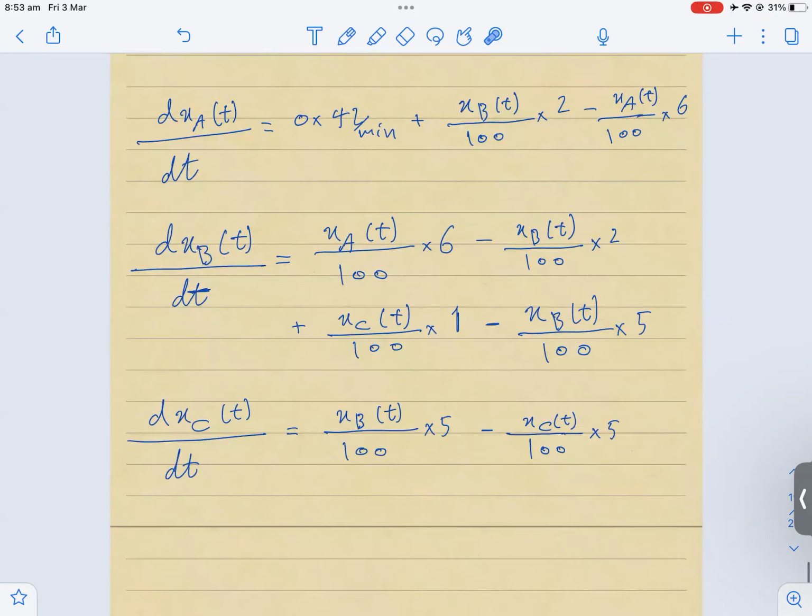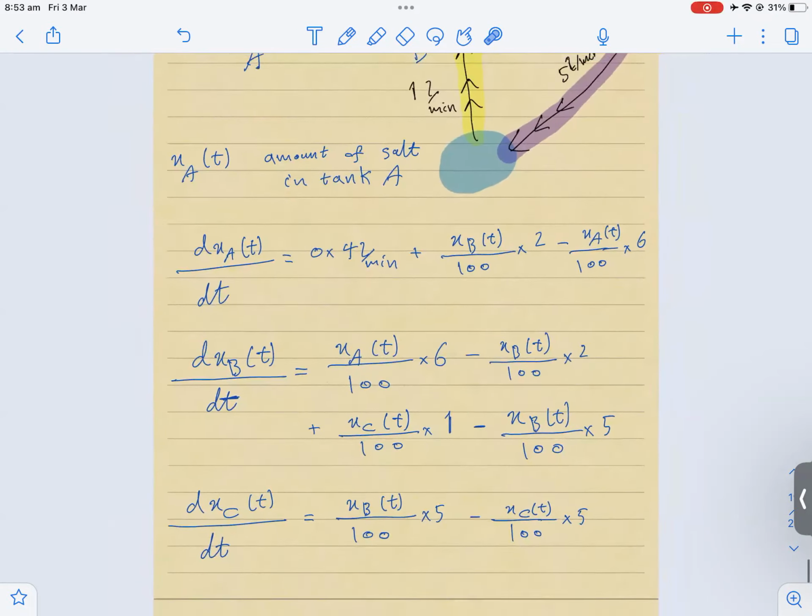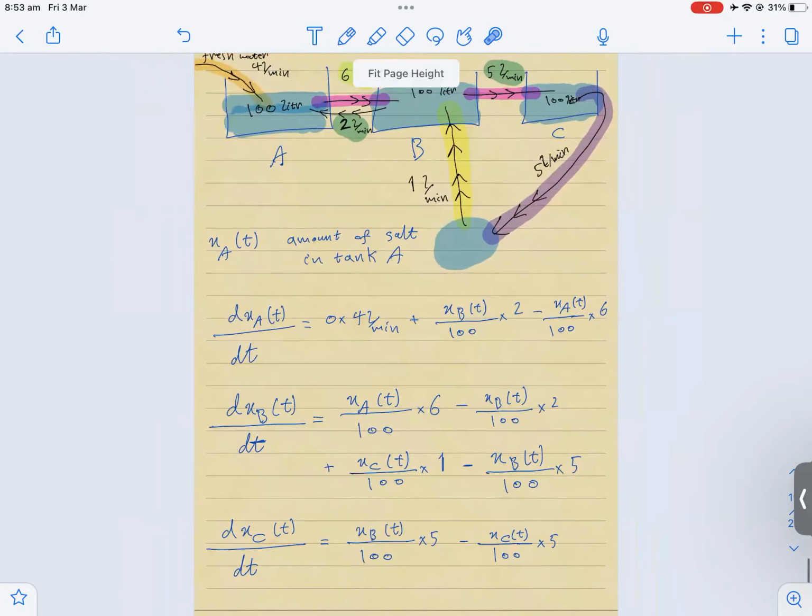So x_C'(t): 5 liters coming inside, that's why it will be positive 5, times the concentration of the source, B, this one. And going outside 5 liters, the source is itself, x_C(t) over 100.